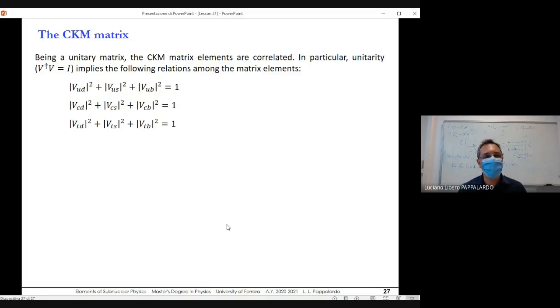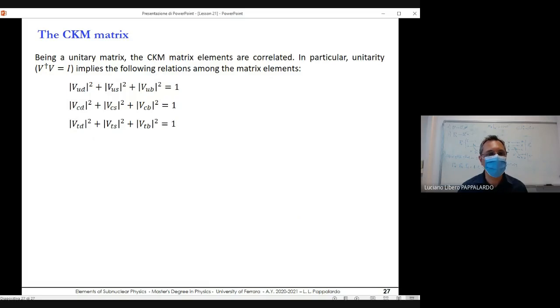Now, as I told you before, the CKM matrix is a unitary matrix, okay? So we can write down constraints on the matrix elements, just because it has to be unitary. And you see here 3 equations that you can write to enforce the unitarity, which of course constrain different CKM matrix elements. And we can represent these also geometrically, okay?